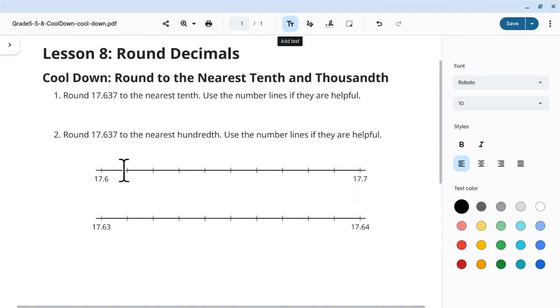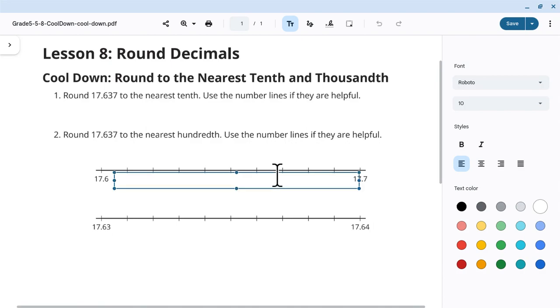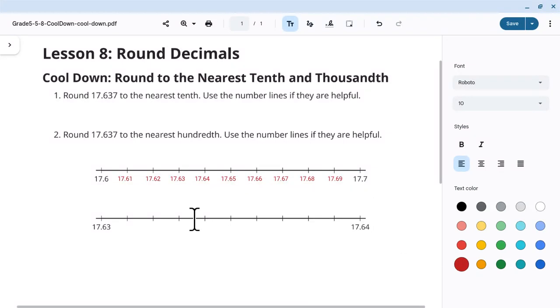Notice, boys and girls, I have these intervals on the number line. And what I should be picturing as I'm thinking of this number line and these given intervals is that hundredths place that exists between 17 and 60 hundredths and 17 and 70 hundredths, right?